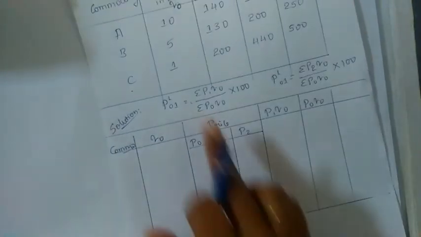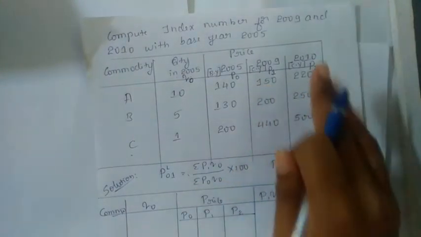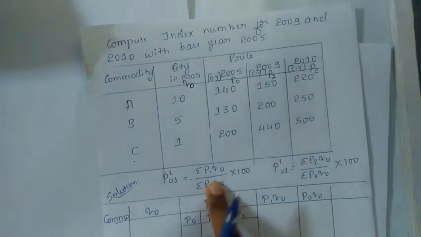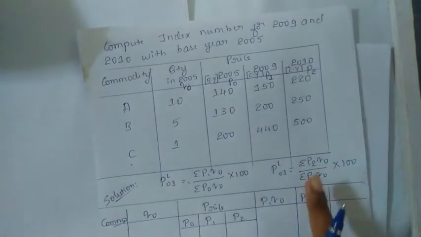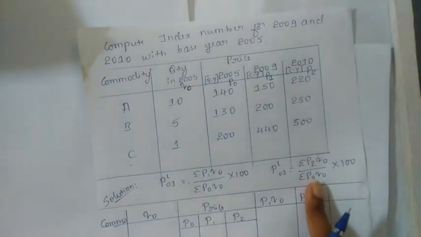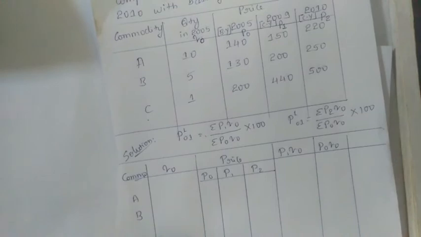So two formulas are to be constructed when they give the P1 and P2 values. If they didn't give the P2 values, you have to calculate only this formula. So in this problem they gave the P2 value, so you have to write another formula for constructing the Laspeyres price index number.